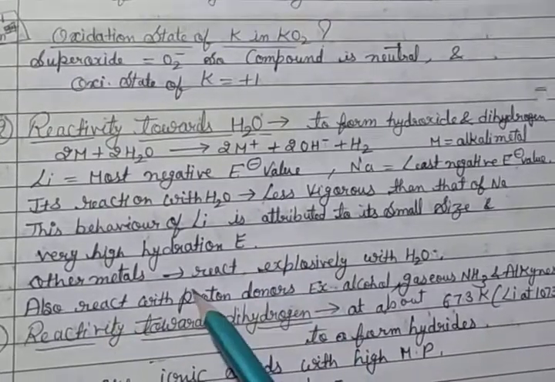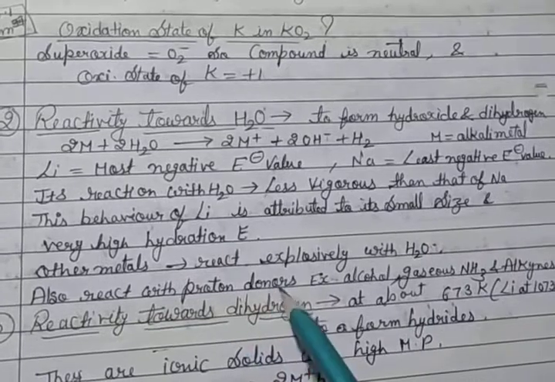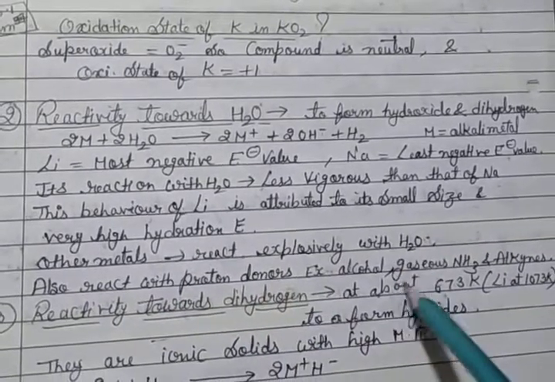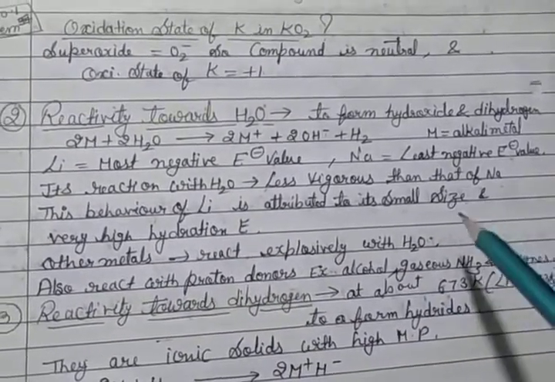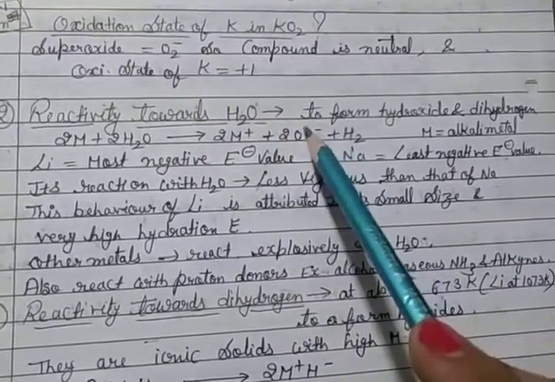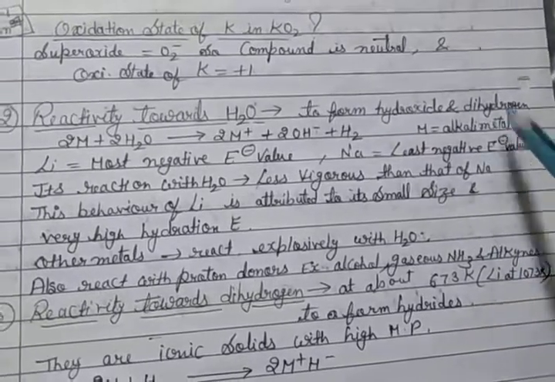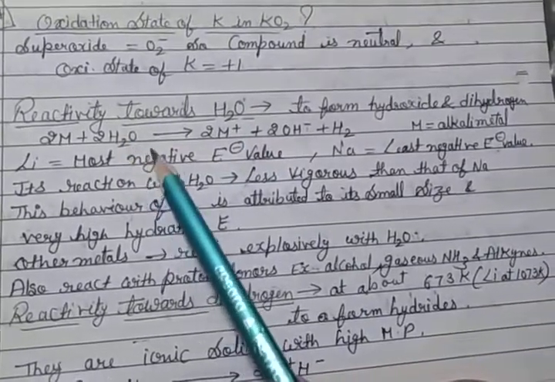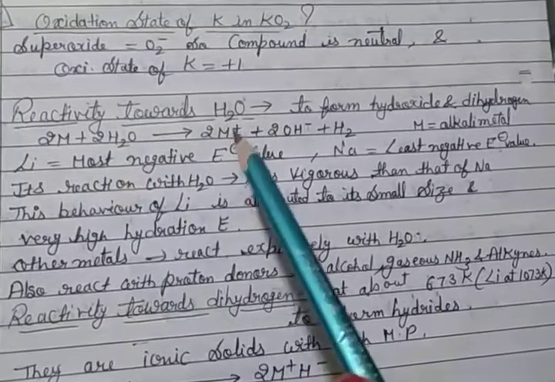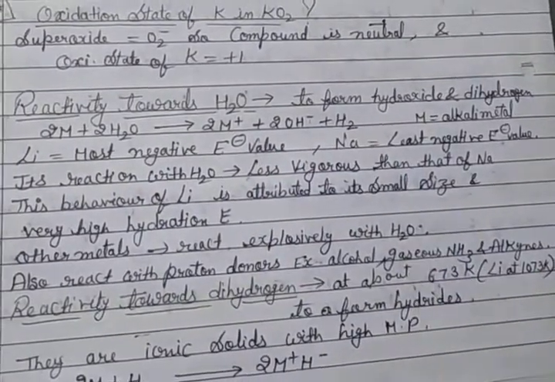Other metals react explosively with water and also react with proton donors like alcohol, gases, ammonia and alkynes. Alkali metals react with water to form hydroxide and dihydrogen: 2M plus 2H2O gives 2M plus, 2OH minus and H2.